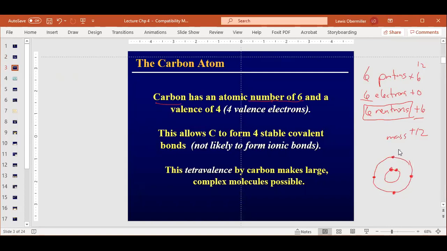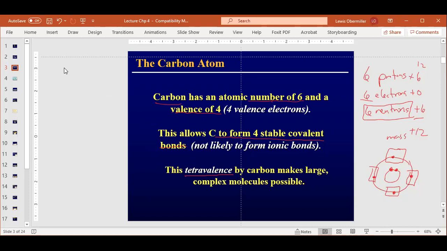And so it can form 1, 2, 3, 4 bonds by sharing these 4 unpaired electrons. So that's why its valence is 4. It has 4 unpaired electrons in the outer shell, and that makes it allowed to form 4 covalent bonds. So we say that carbon is tetravalent.